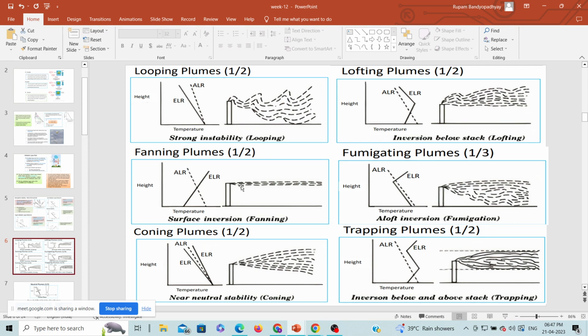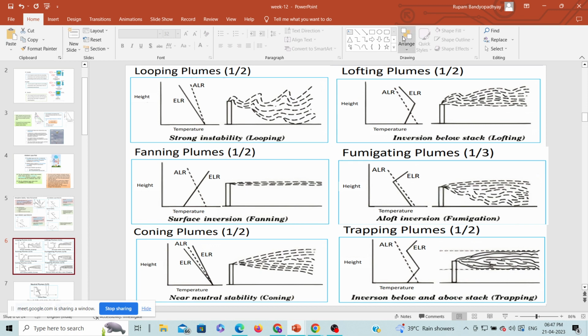Then the plume behavior will be like this, with very little dispersion. Coning plume is when the stability condition is nearly neutral, so the environmental lapse rate is very close to the adiabatic lapse rate. In that case, coning plume will occur.